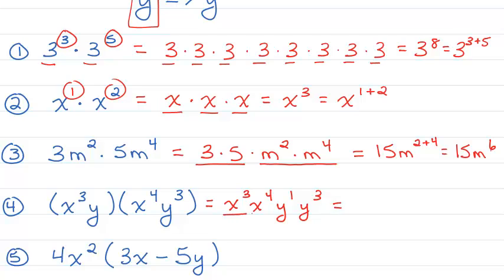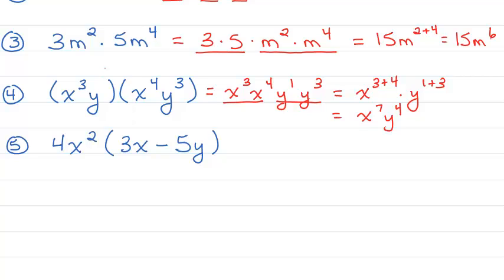And now let's use the addition rule just for the like bases. So x to the 3 plus 4 times y to the 1 plus 3, and that's going to end with x to the 7th, y to the 4th. Alright, so make sure we don't combine the exponents on bases that are not alike.